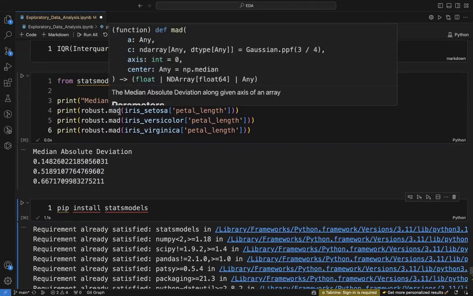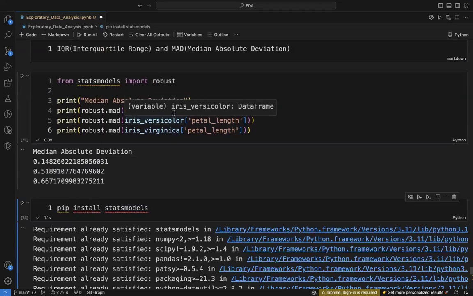If I say robust.mad and give it a vector of values, in my case id is setosa and petal length, it will give me the median absolute deviation. Same way for versicolor and virginica, I'm getting the median absolute deviation.